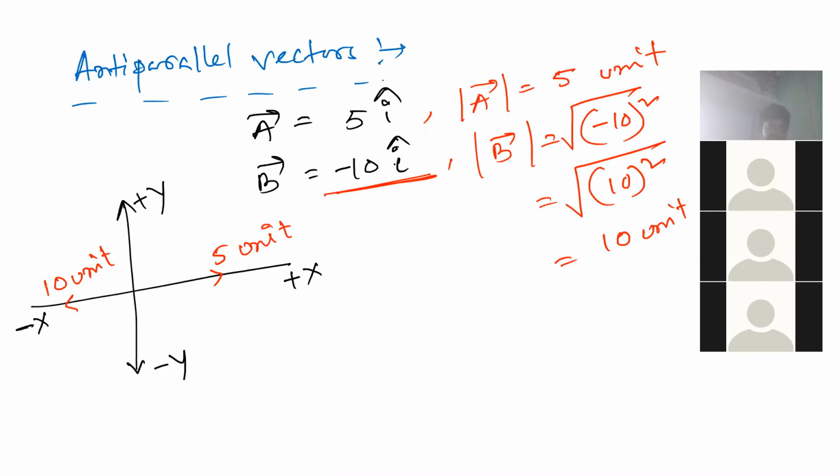That means A vector is working along the positive x-axis, but B vector is working along the negative x-axis. And the magnitude of one vector is a scalar multiple of the magnitude of the other, like 5 twos are 10, right? So that's why I'm saying these two vectors are anti-parallel in nature.